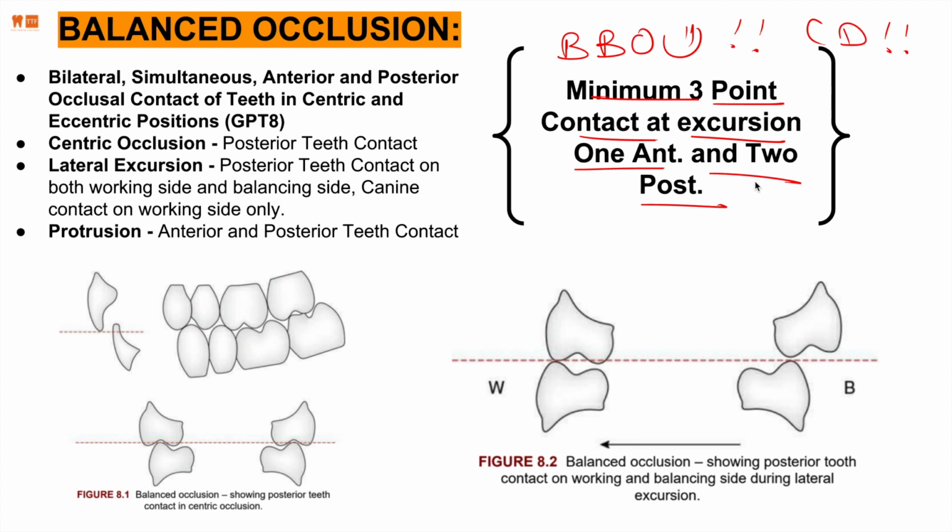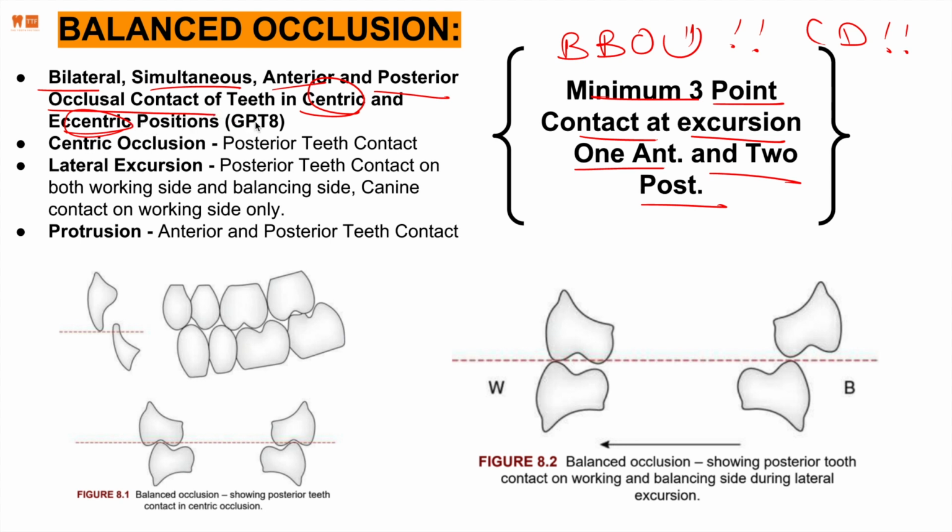That is bilateral balanced occlusion's minimum requirement. It is known as bilateral, simultaneous, anterior, posterior occlusal contact in centric and eccentric positions. Of course, in centric relation, all the teeth will be touching at the same time. That's a given. However, in balanced occlusion, during eccentric positions, even then, we have all the teeth touching.